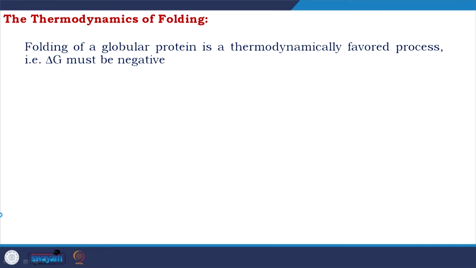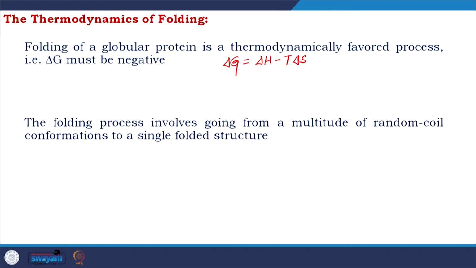You all know the condition of spontaneity: del G equals del H minus T del S, where del G is the free energy change, del H is the enthalpy change and del S is the change of entropy. So, the condition here is that del G has to be negative.